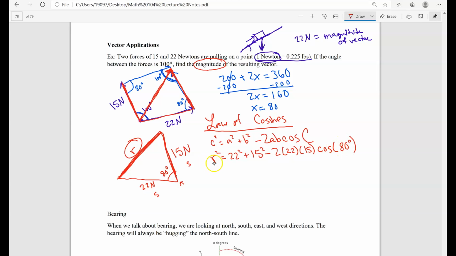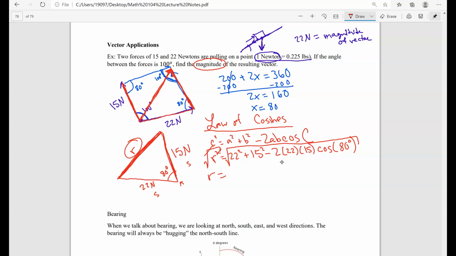Okay, so let's get rid of the square on this r, so we're going to square root both sides. We're not going to add plus or minus because we're looking at force, which should be positive. So you want to figure out what all of this is. So you're going to take the square root of 22 squared plus 15 squared minus 2 times 22 times 15 cosine of 80 degrees.